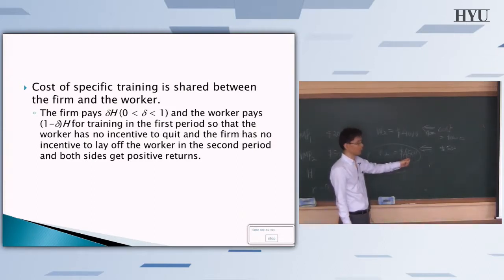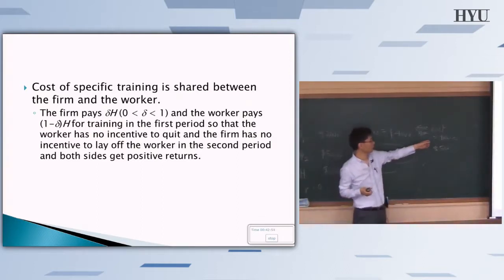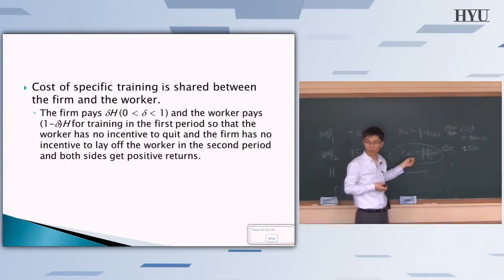So the employee has no incentive to leave this company. Okay? So if they share the cost, the problem of the firm paying the total cost is that it can make the second period wage too low, so the worker has no incentive to stay with this company. So that's the one problem.